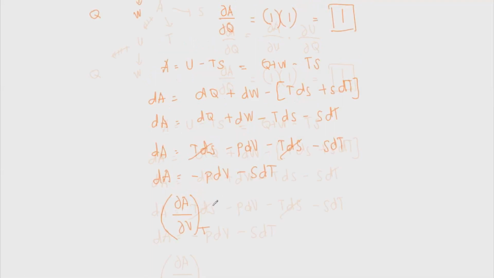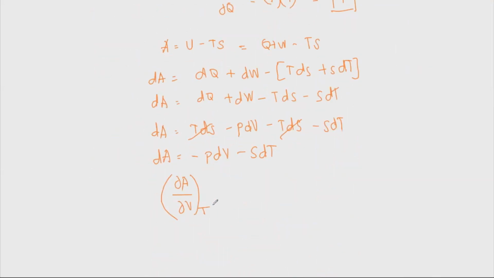So we've already made the partial derivative of that portion, partial A over partial V, and this is multiplied with dV. Now, if we continue, dA would be equal to this expression: partial A with respect to V at constant T, times dV.